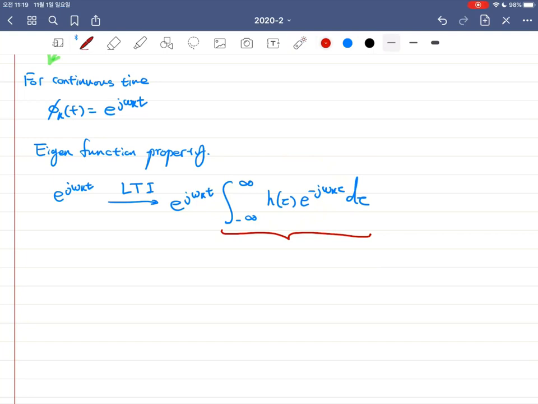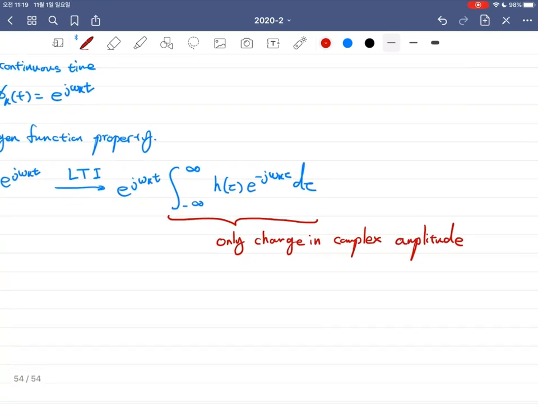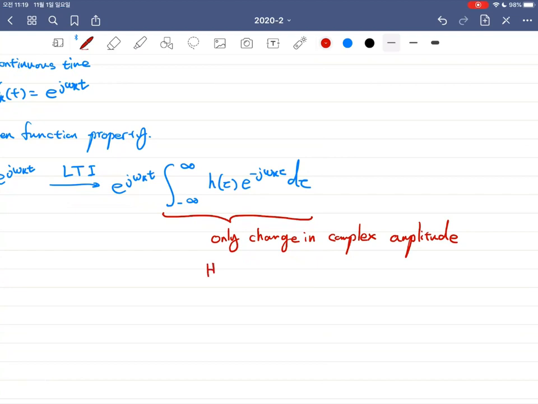So there is only a change in complex amplitude, right? And this whole thing, we defined it as large H of omega k, and we called it a frequency response, remember? We did it in the last lecture.